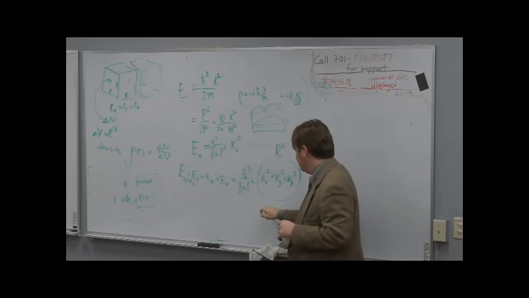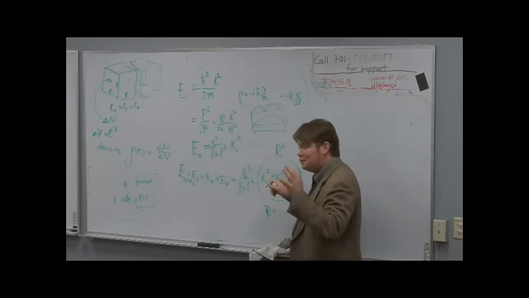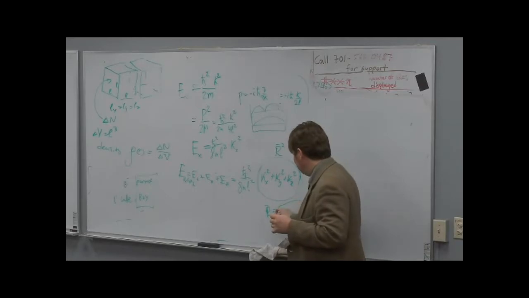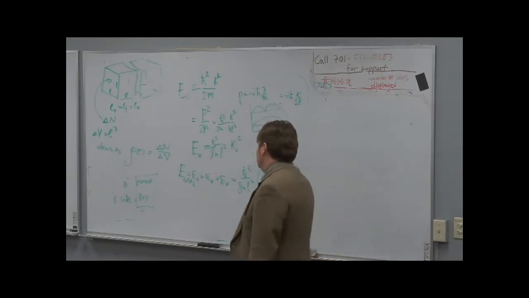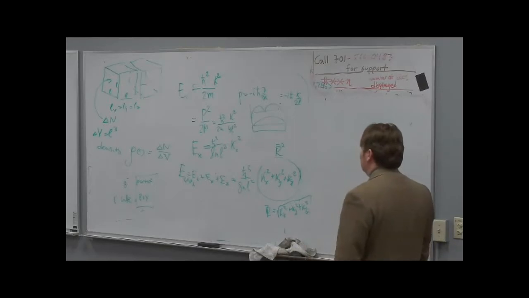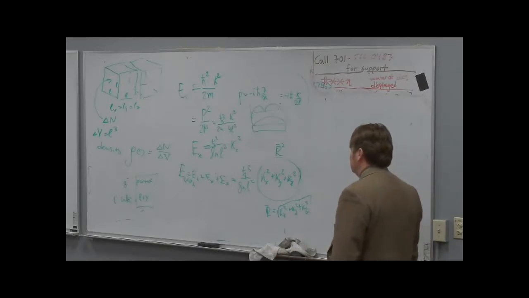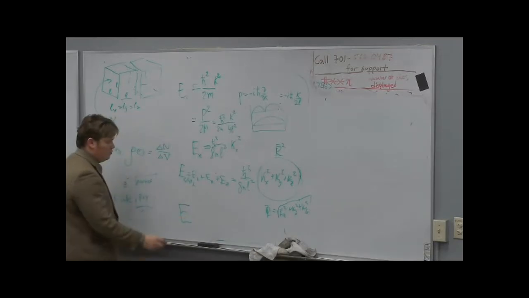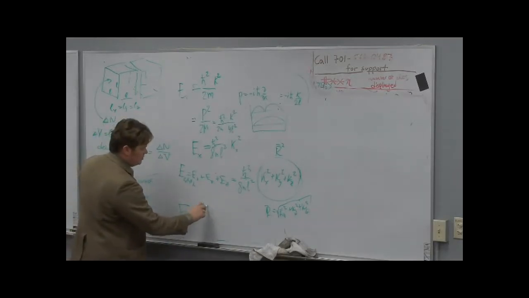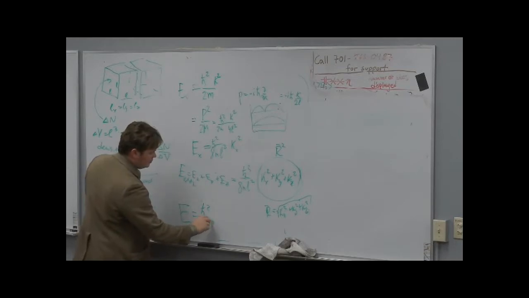So it is, I don't know how to define it, an average quantum number: the square root of kx squared plus ky squared plus kz squared. Average quantum number. Then the energy of one electron is h bar squared k squared over 8m L squared.